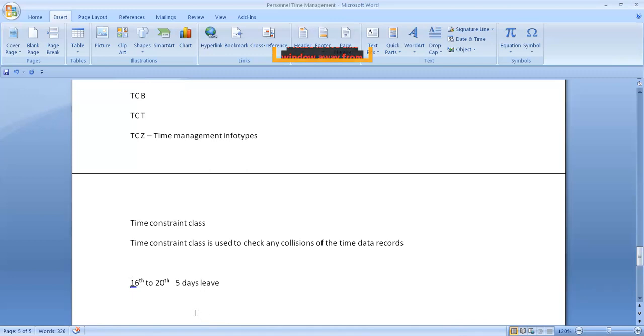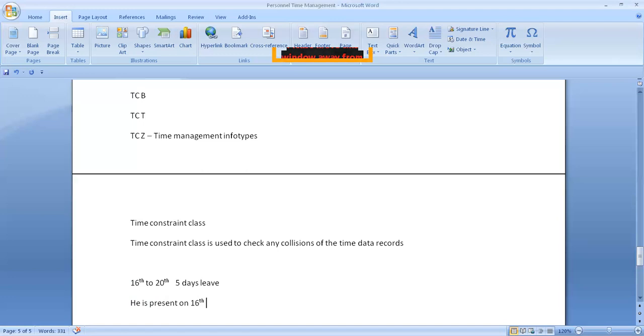But what is happening is he or she is present on 16th. So you are saying 16th is leave because it is part of the 5 days leave. Again, he is attending on 16th.